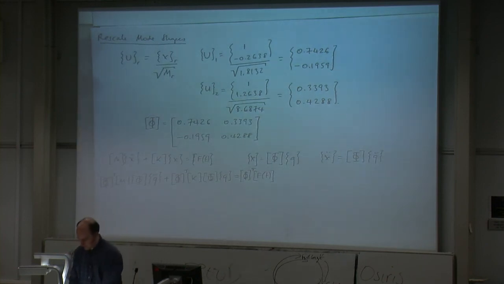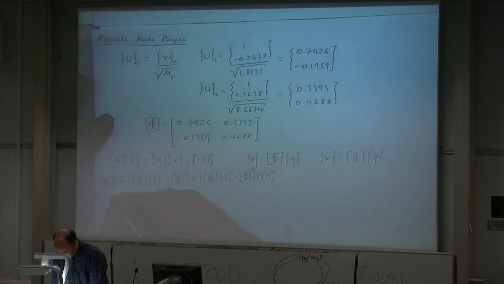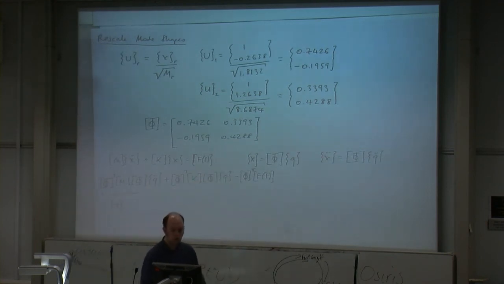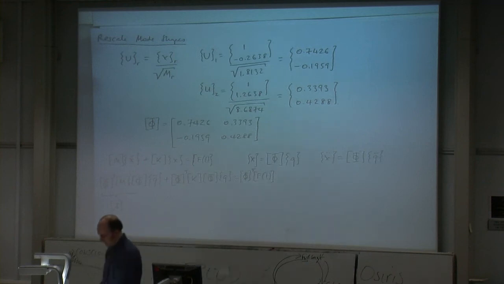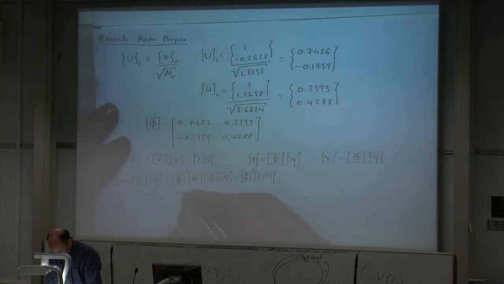And why we do this is why we've rescaled, because this term simply gives us the identity matrix. And this term gives us omega 1 squared and omega 2 squared, 0, and 0.